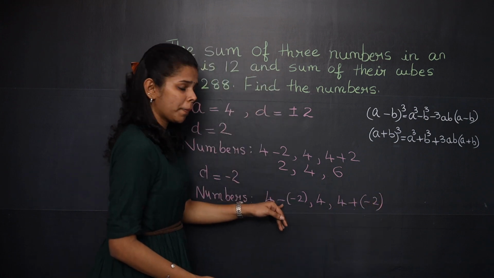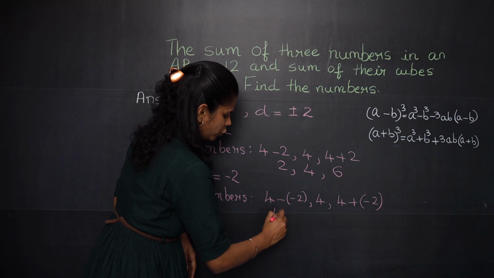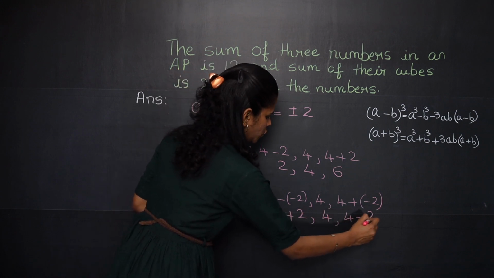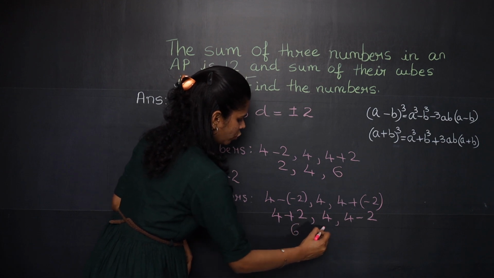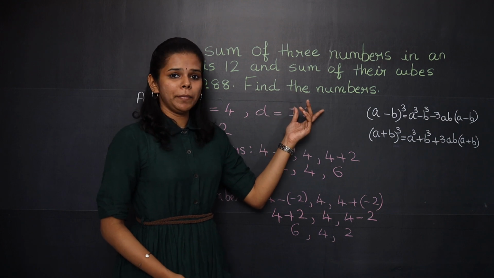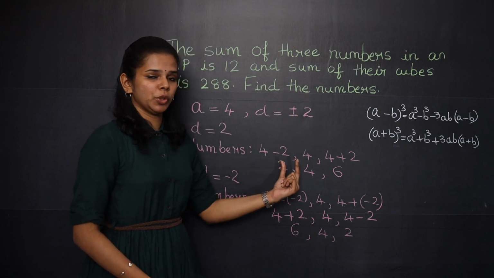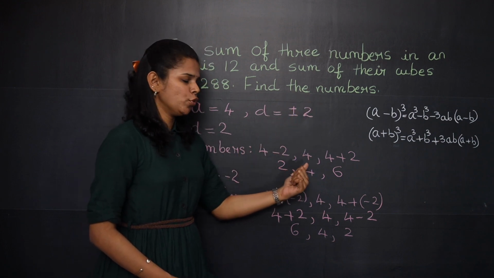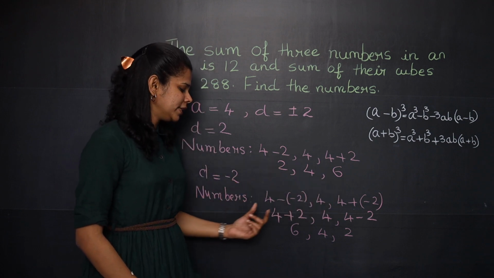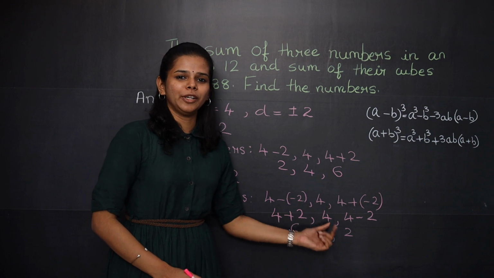So here 4 minus and minus becomes plus. So 4 plus 2, 4 minus 2. That is 6, 4 and 2. So the numbers are, when d is equal to positive 2, 2, 4, 6. When d is equal to negative 2, the numbers are 6, 4 and 2.